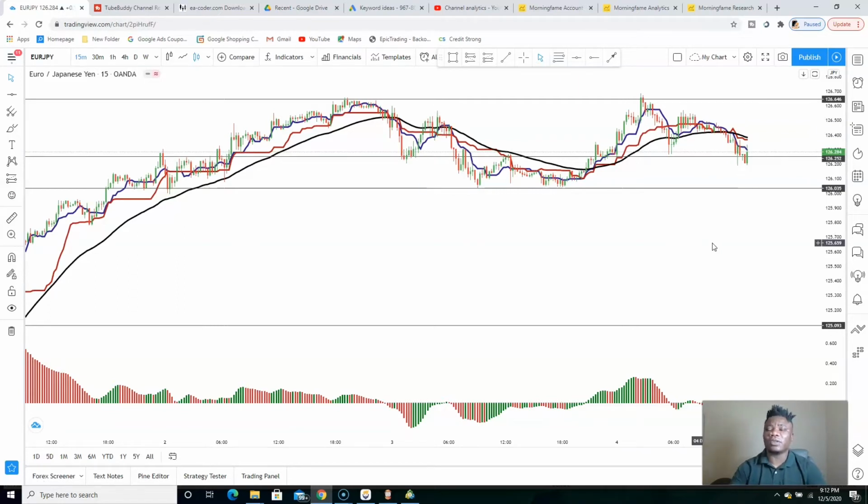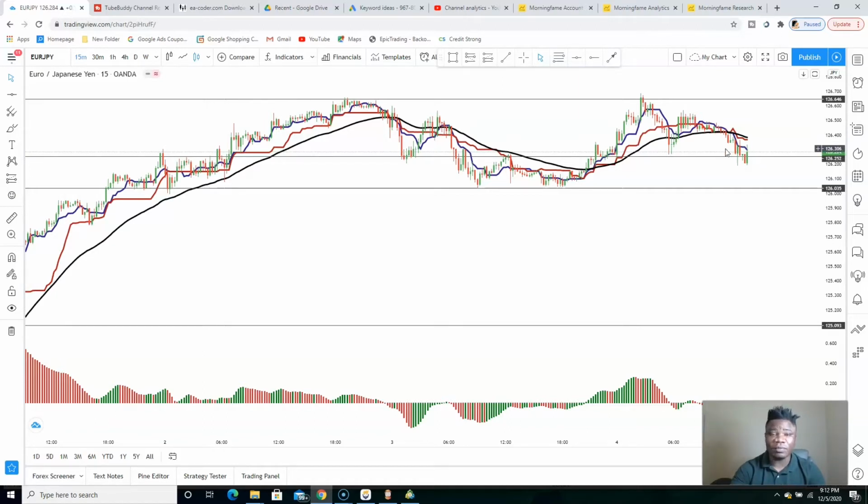So that's your first signal right there. Your first signal is when the Tenkan Sen crosses your Kijun Sen, downwards for a sell and upwards for a buy.